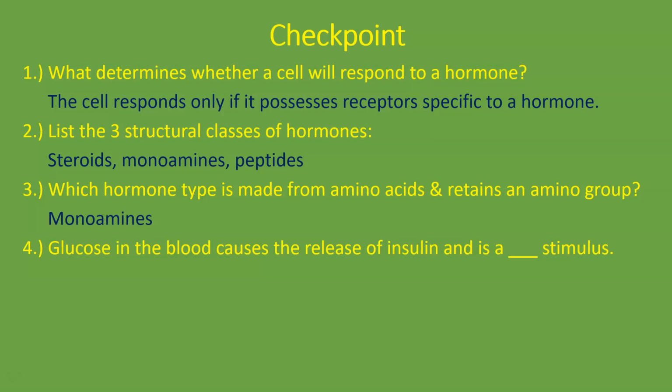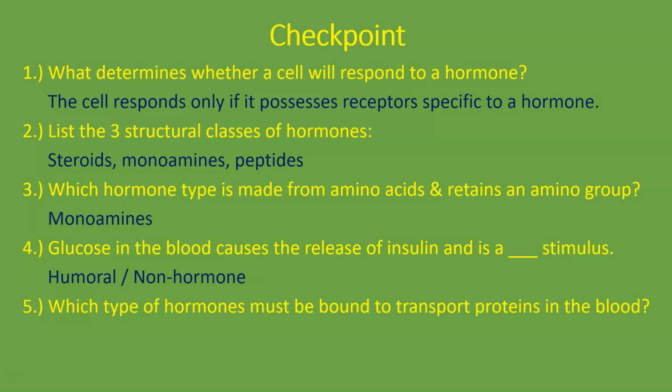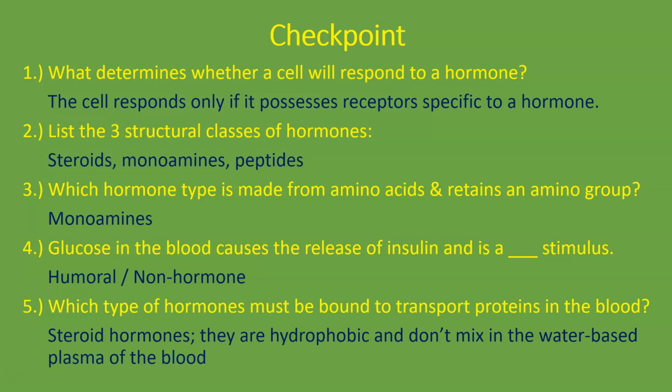The next question, glucose in the blood causes the release of insulin and is what kind of stimulus? You should have answered humoral or non-hormonal. Either one of them would do. And number 5, which type of hormones must be bound to transport proteins in the blood? If you said steroid hormones or hydrophobic, then you would be correct.